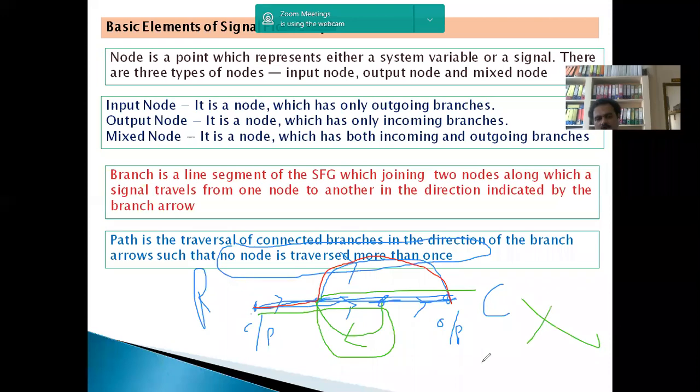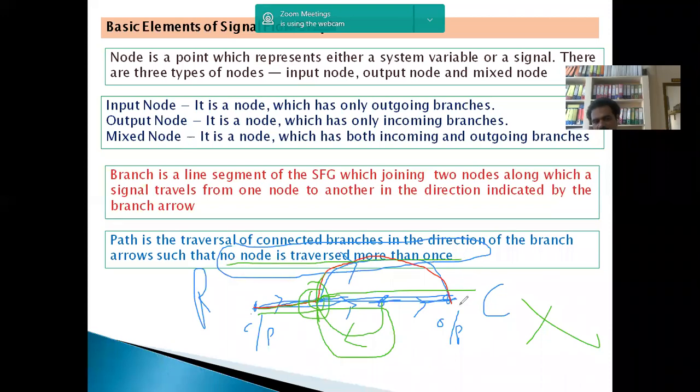It is wrong, because this node is traversed more than once. Once it is traveled in the forward direction, and again the same node is crossed in the reverse direction. So here the condition is that no node is traversed more than once.